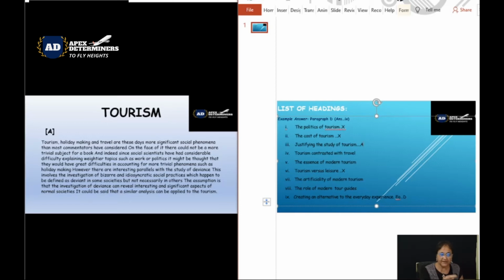Now, how do you write this answer on the answer sheet? You're not supposed to write the answer on the question paper because you will not have time to write the answers again on the answer sheet. So I would advise you, as and when you find the answer, make sure that you write it against the question number.